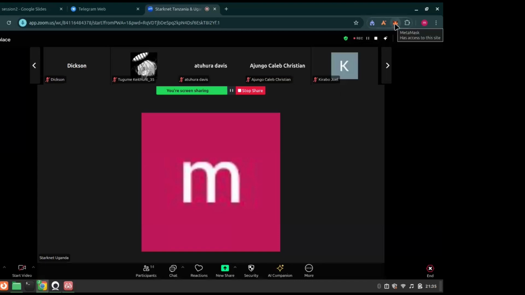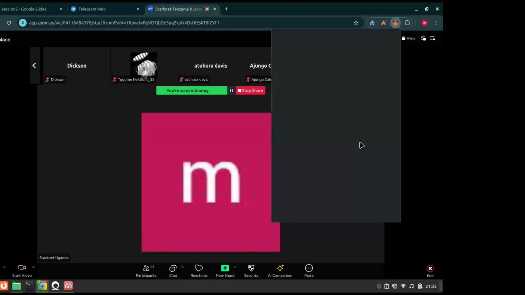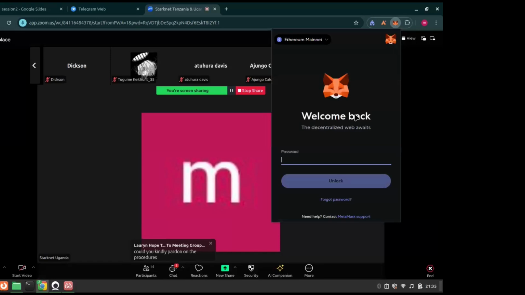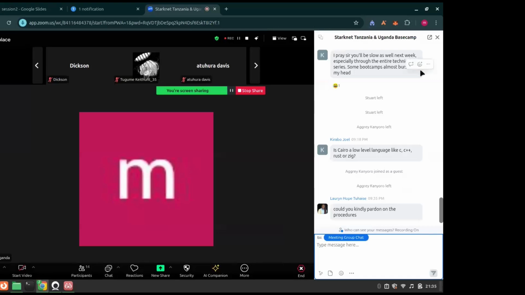So let me open my MetaMask right here and show us the difference in the wallets, the difference between those on Starknet and the conventional Ethereum.